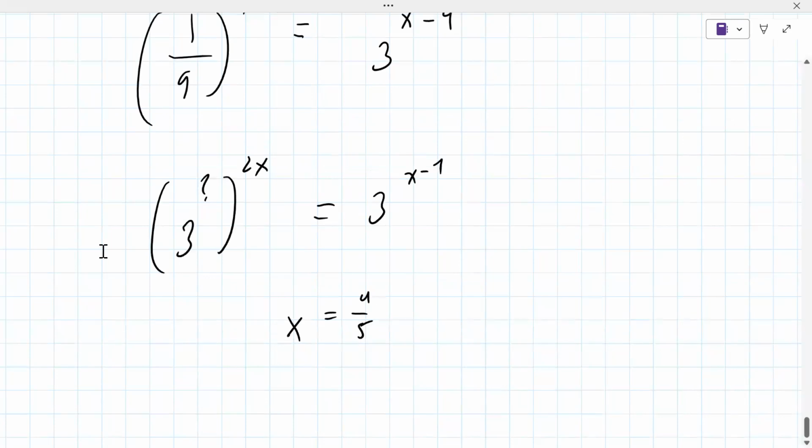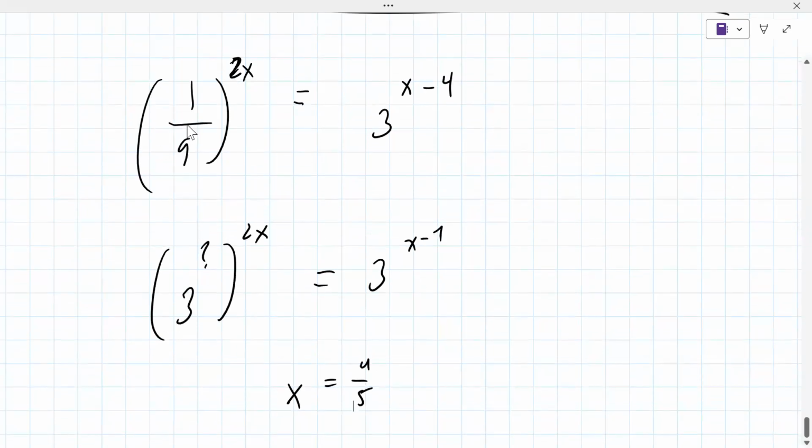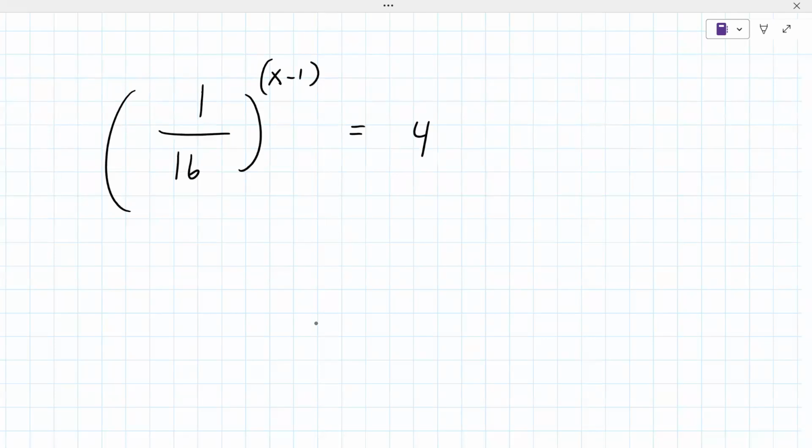Okay. So is it clear what we're trying to do here on the 1/9 side or the fraction side? You try to make it into this. Yeah. Okay. Let's try another one here. Okay. Let me make one more adjustment here.